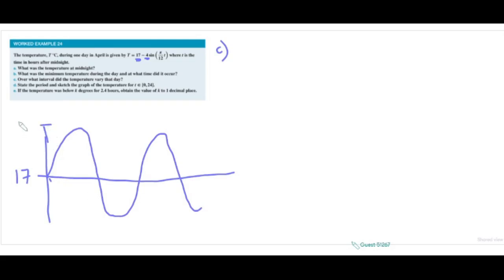The max we can ever be is 21 and the minimum we'll ever be is 13. So what interval did it vary? We can say between 13 degrees and 21 degrees Celsius.